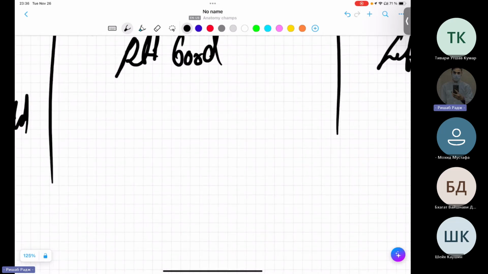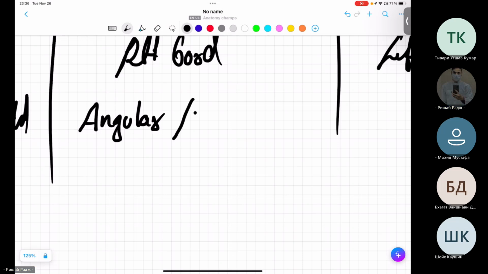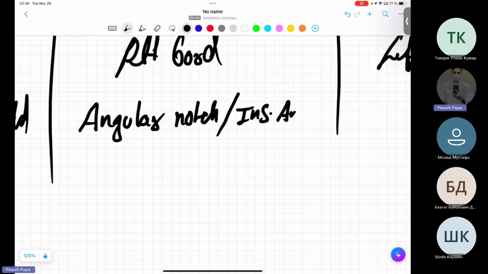The lesser curvature additional feature will be the angular notch, or incisura angularis. Incisura means notch, and angularis means angle.